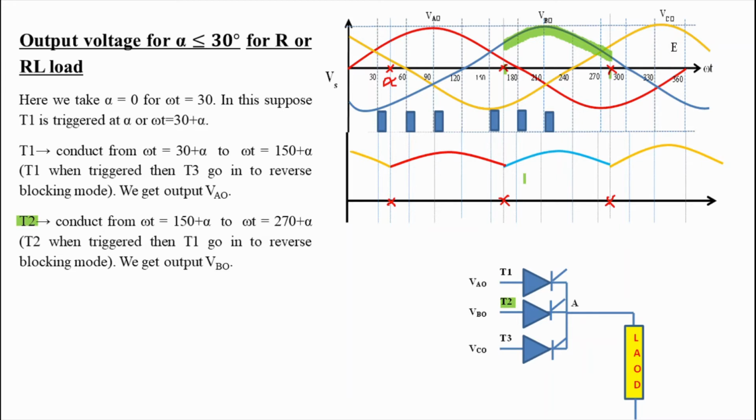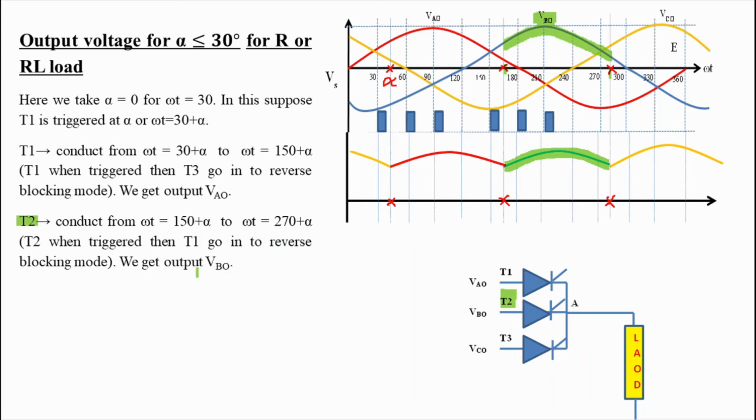So we will get only T2 conducting during this period, and the output voltage equals VB naught, that is equal to Vm sin(omega t minus 120 degree).